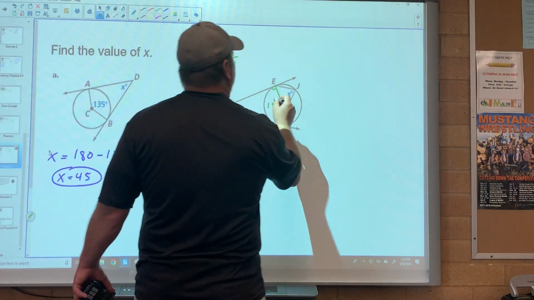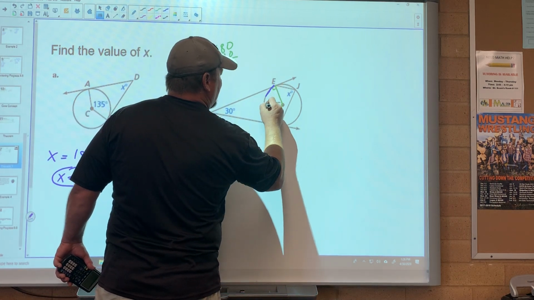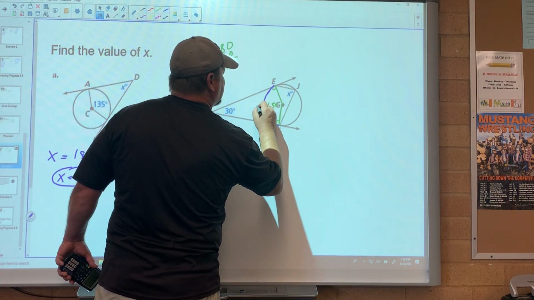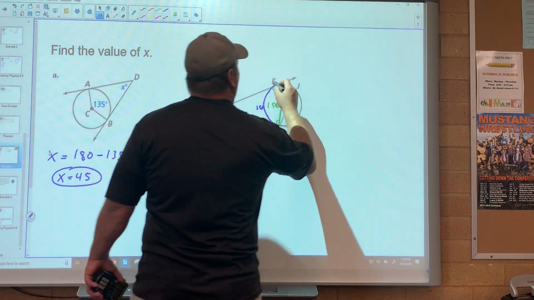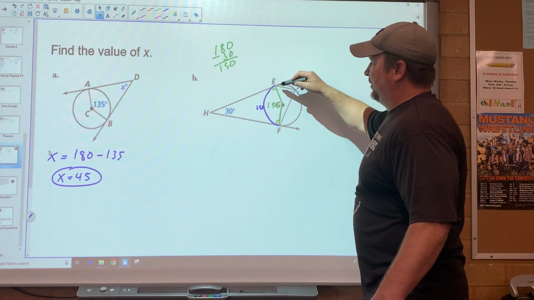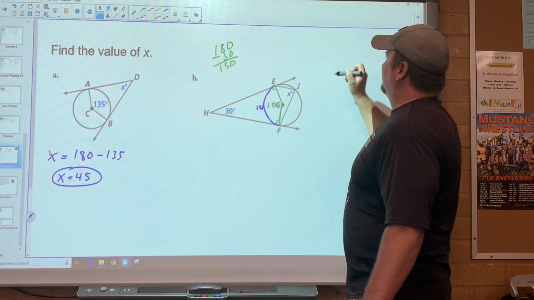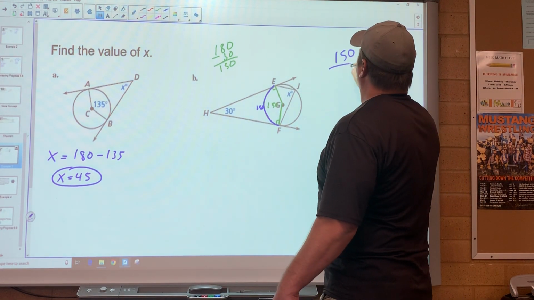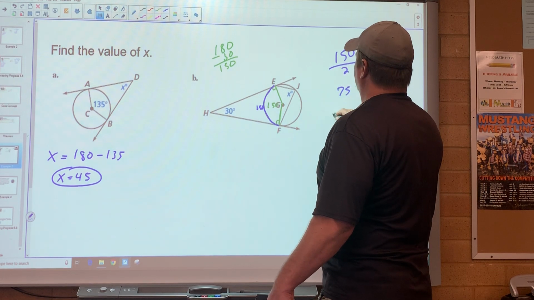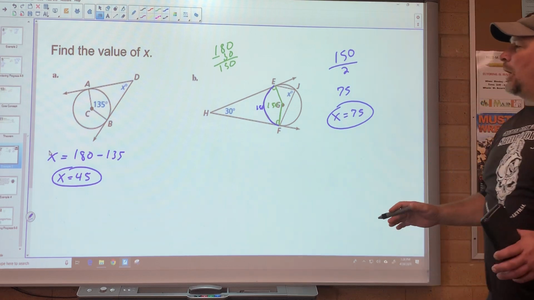Well, you guys, then this arc has to be 150. This arc from here to here has to be 150. Well, look at this inscribed angle. It's an inscribed angle that makes 150, so we know that that's half of it. So 150 cut in half is 75. X equals 75. I hope that made sense.